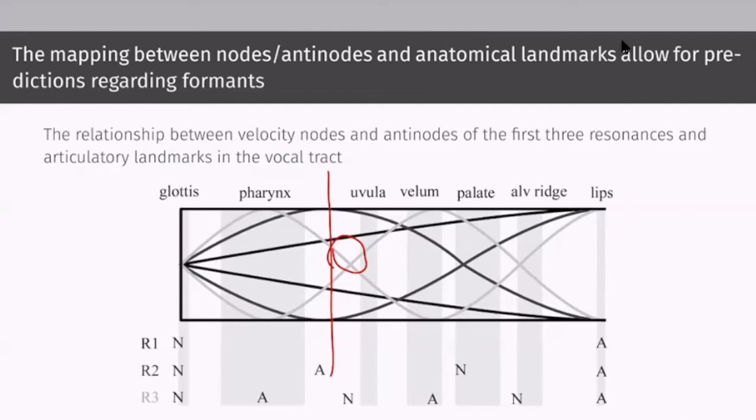So this is very clever because it allows us, given articulation, to predict something about acoustics. And this idea is called perturbation theory. So you should write that down. I'm not sure if it's in my slides or not.